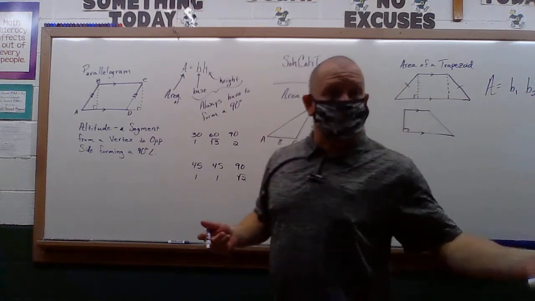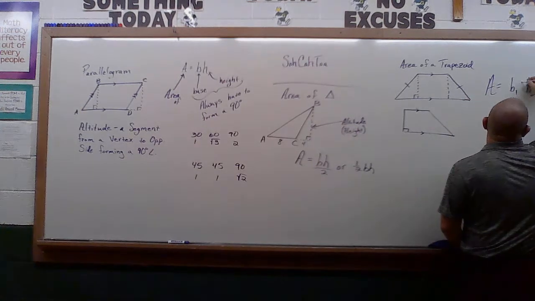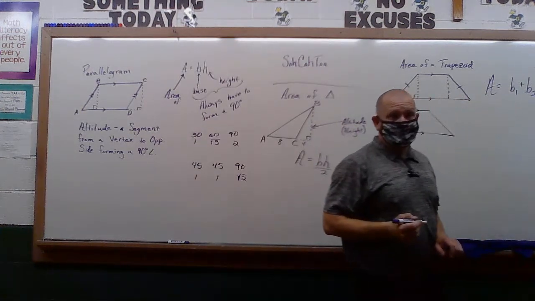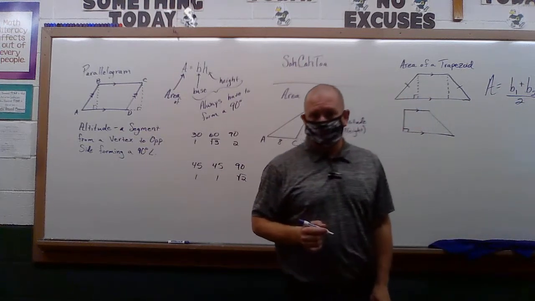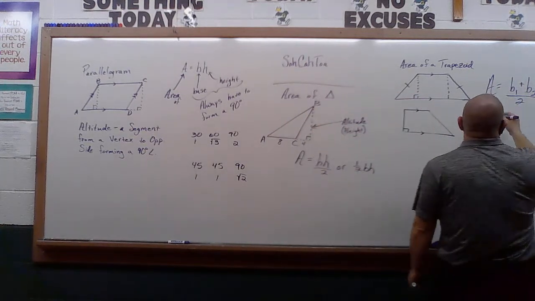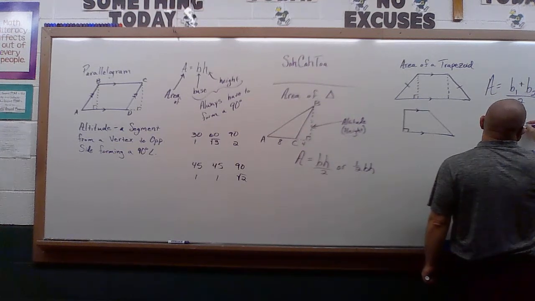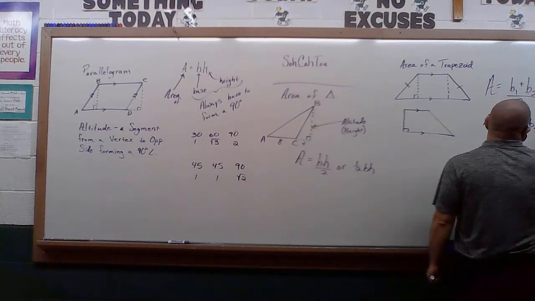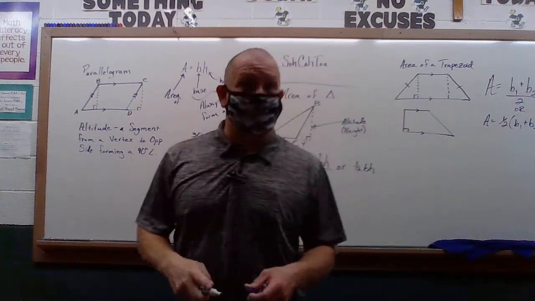Just simply means base 1 and base 2. We're going to add them together and we're going to divide by 2. Now, again, a lot of the times you might see this. Those two formulas are exactly the same thing.